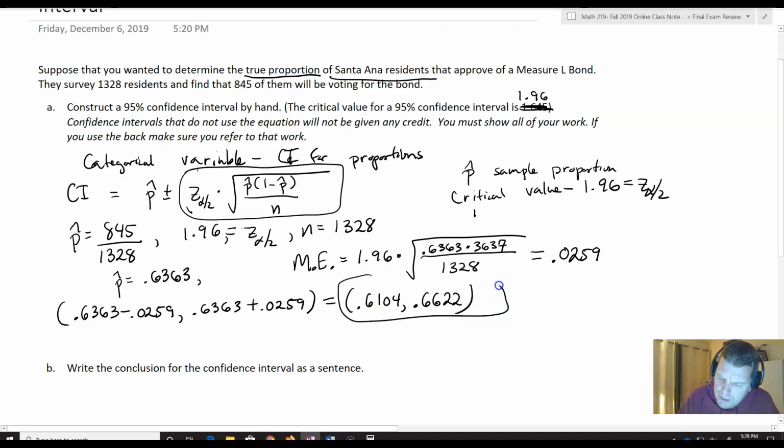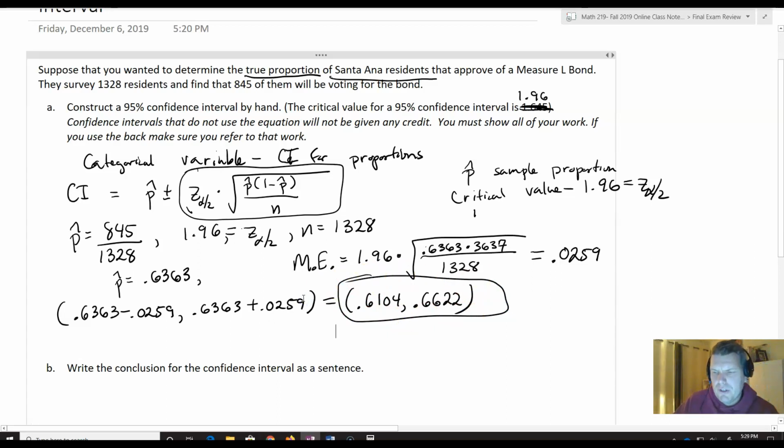So that was a little review of how to construct the confidence interval. What I'm most concerned with, once you construct the confidence interval, is how to think about it afterwards.